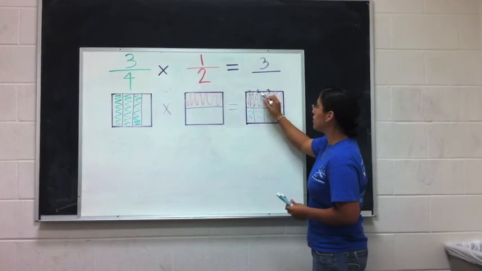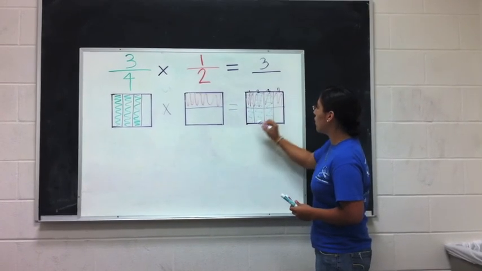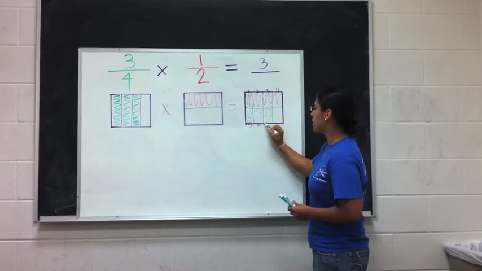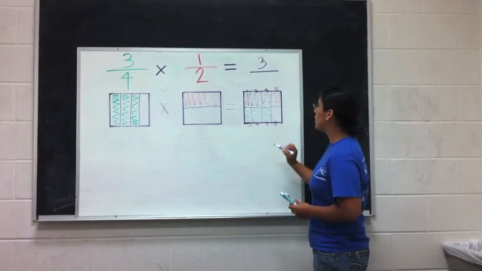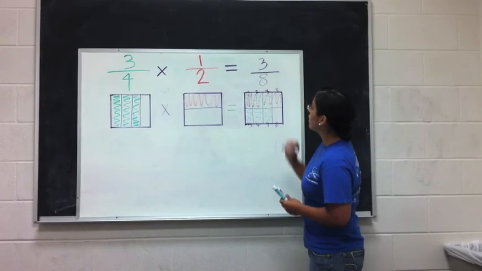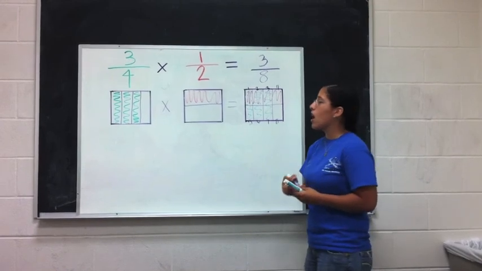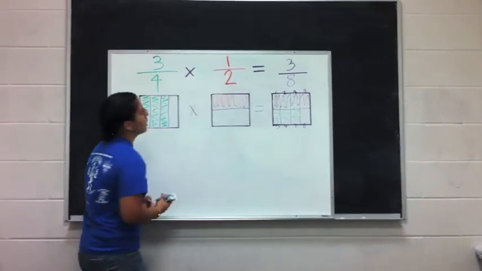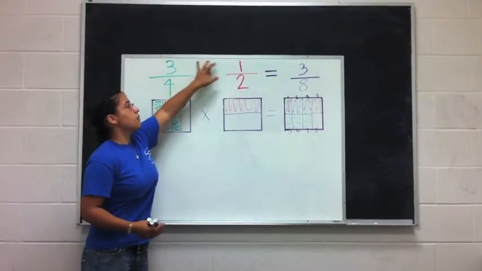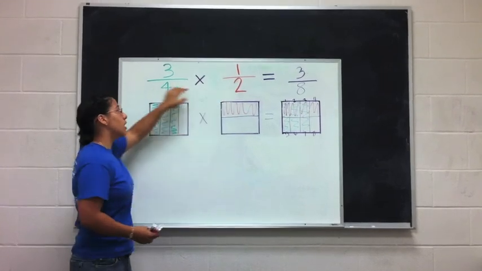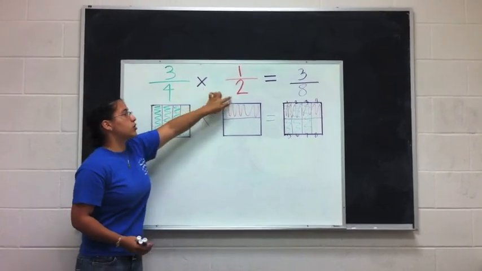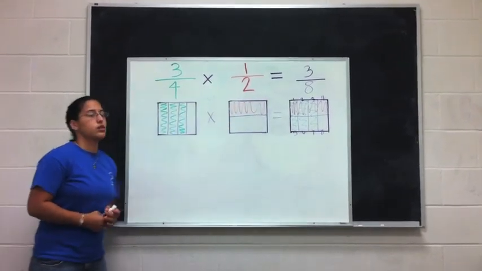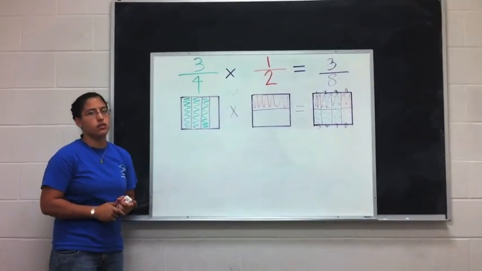So 1, 2, 3, 4, 5, 6, 7, 8. So 8 is our denominator. Another way we can check our work is 3 times 1 equals 3, and 4 times 2 equals 8. So our answer is 3/8.